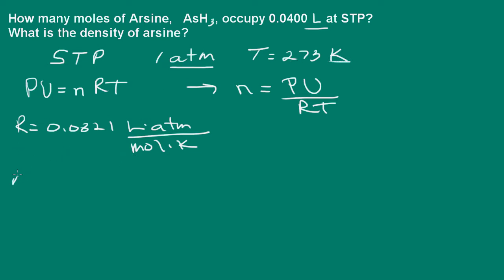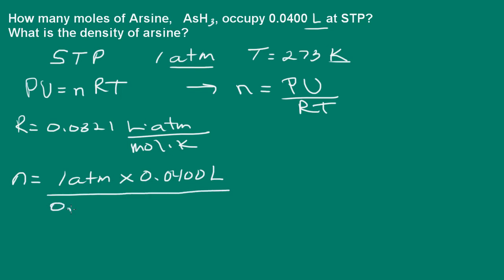So let's go ahead and solve this then for the number of moles. So that's the pressure, which is 1 atmosphere, times the volume, which is 0.04 liters. And we're going to divide that by the ideal gas constant, 0.0821.